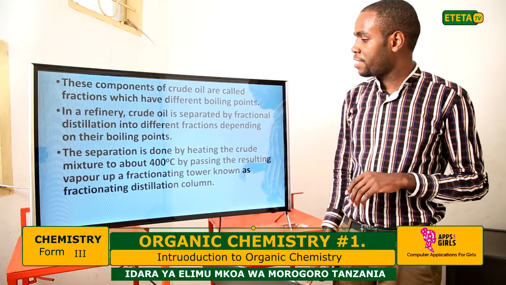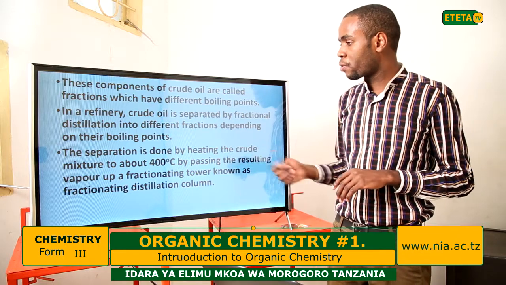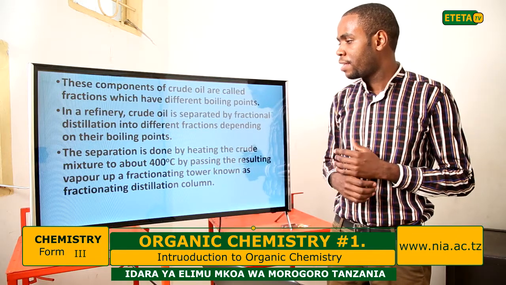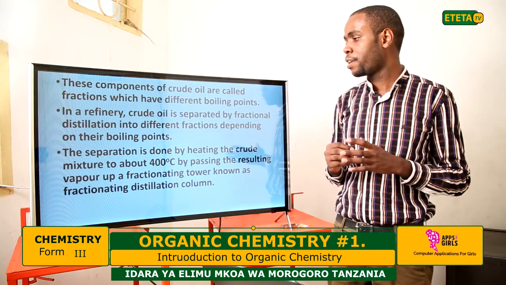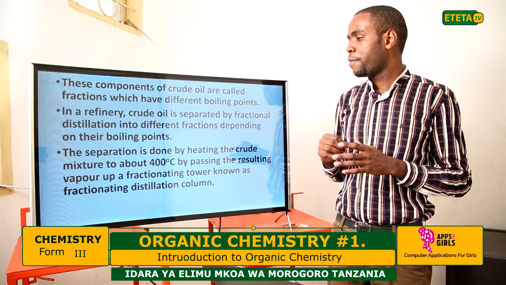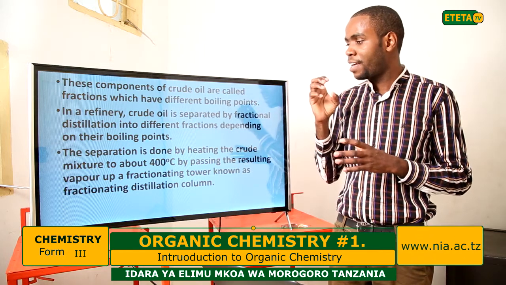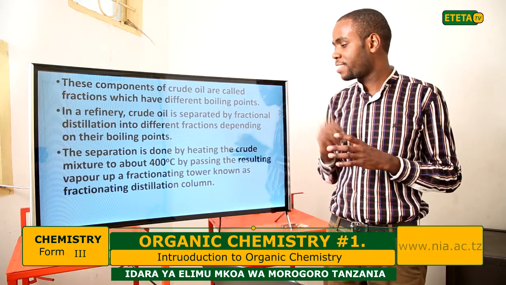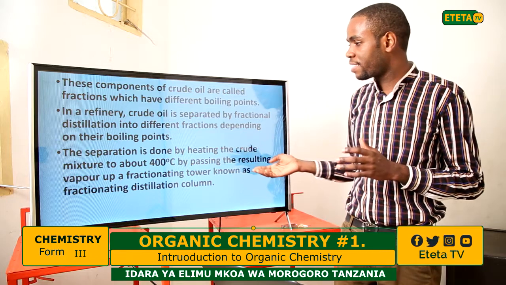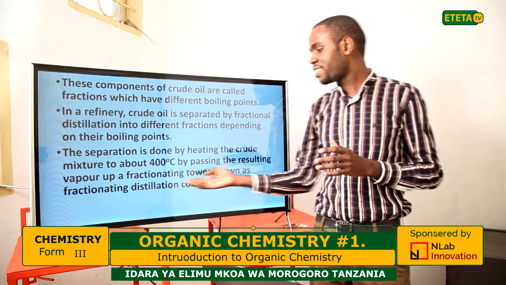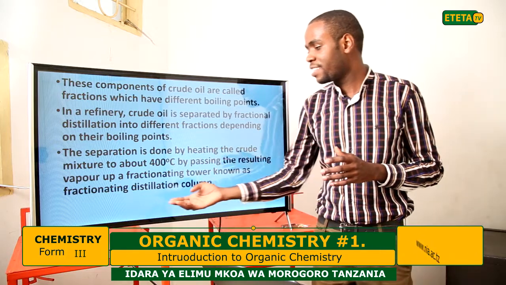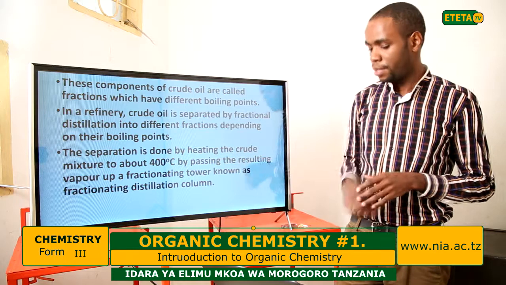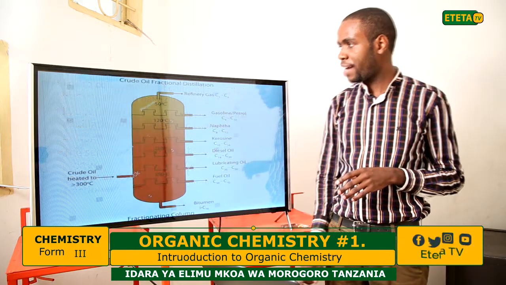The separation is done by heating the crude mixture to about 400 degrees centigrade and passing the resulting vapor up the fractionating tower, known as the fractionating distillation column, which is this one here in the diagram.